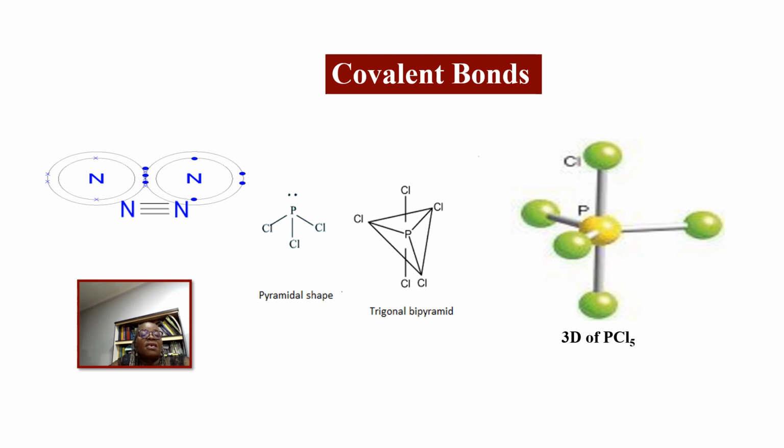By sharing the 6 electrons, each one of them bringing 3 electrons, each nitrogen atom can now count 8 electrons in its outermost shell, as shown in the diagram.